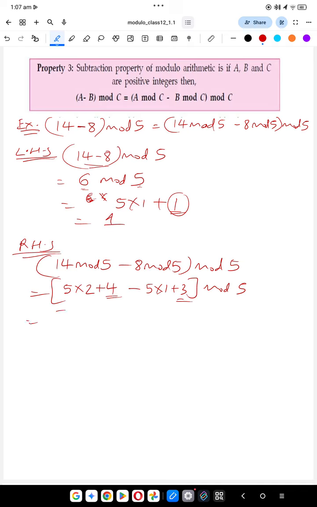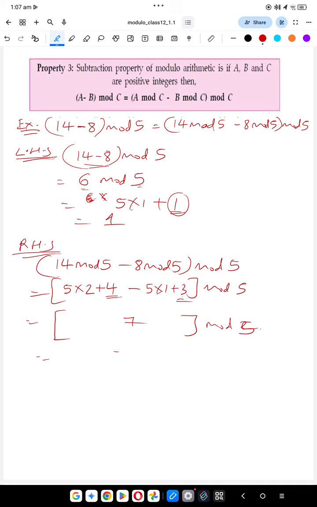So 4 plus 3, which is 7, 7 mod 5. Did we make some mistake? Because we are getting a different answer.